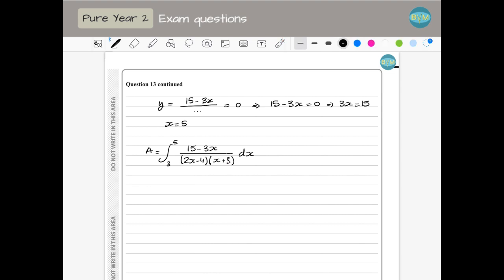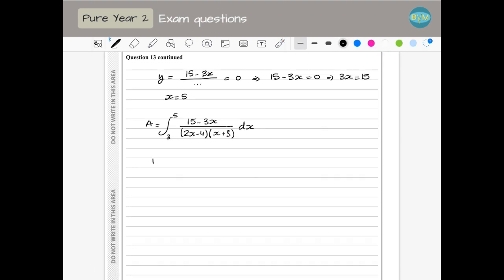So we can write 15 minus 3x divided by 2x minus 4 and x plus 3 as A divided by the first factor, 2x minus 4, plus B divided by the second factor, x plus 3.